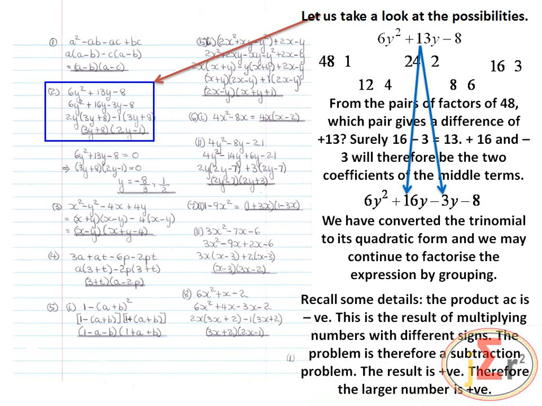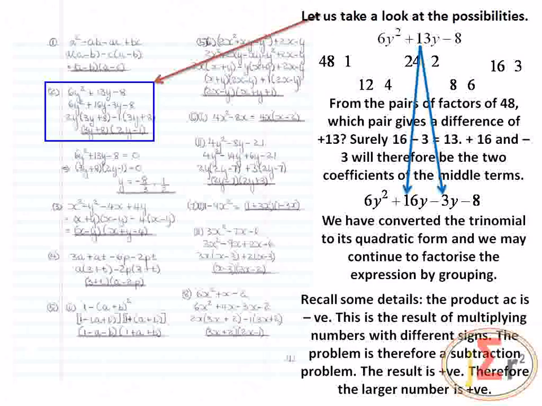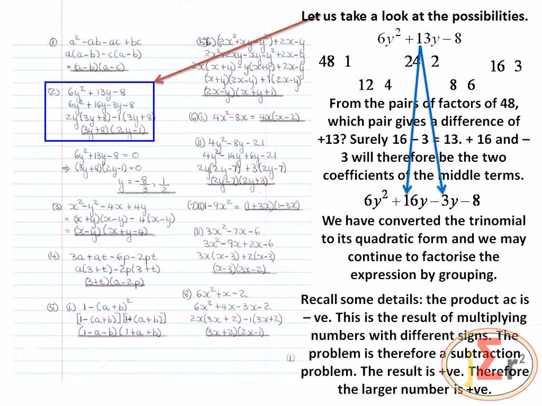Recall some details of factorization. The product AC is negative. This is the result of multiplying numbers with different signs. Because it is negative, we are sure that the two numbers have different signs.